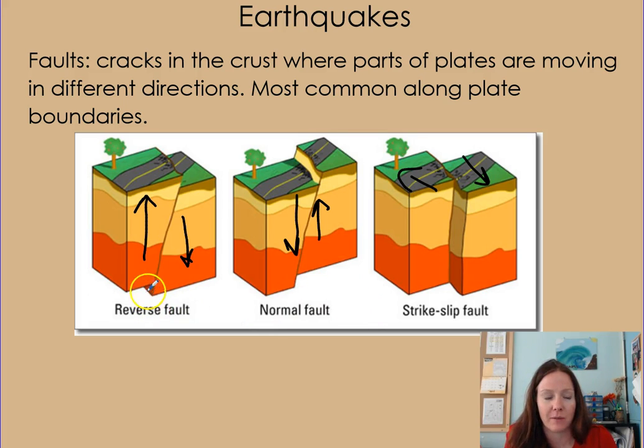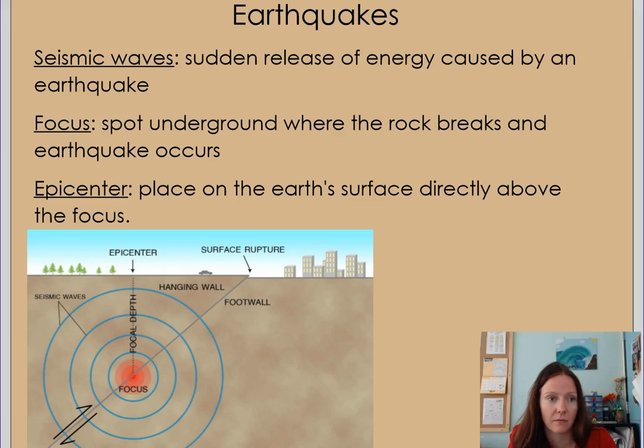And there's a few different types of fault boundaries that you can see. The first is a reverse fault, and that's where one piece of the crust pushes up against the other one. A normal fault is where the piece pushes down. And then a strike slip is where they're sliding past each other like this, horizontally. So 3 different types of faults that are out there.